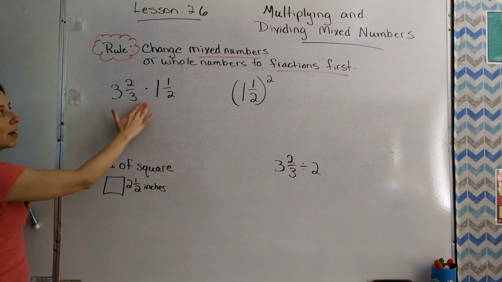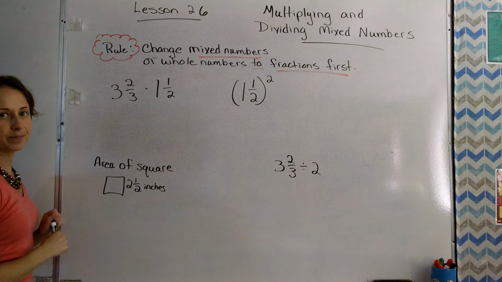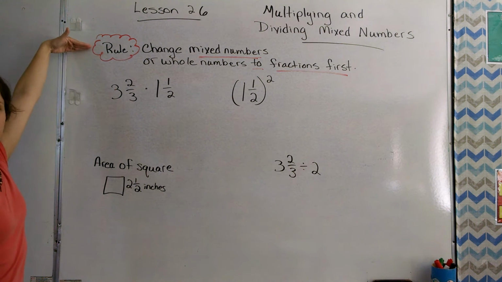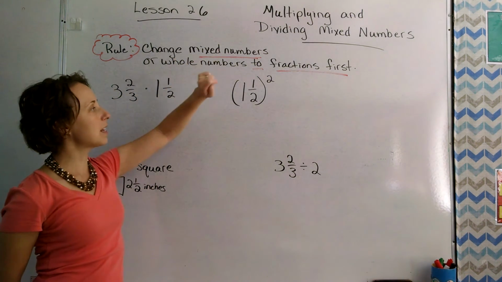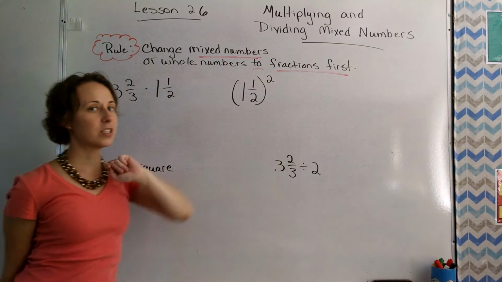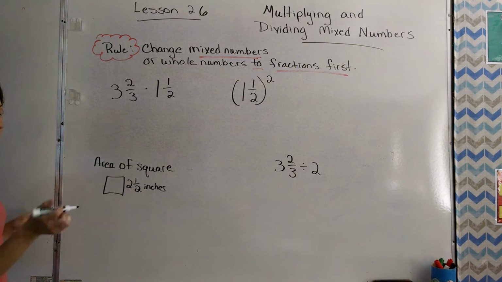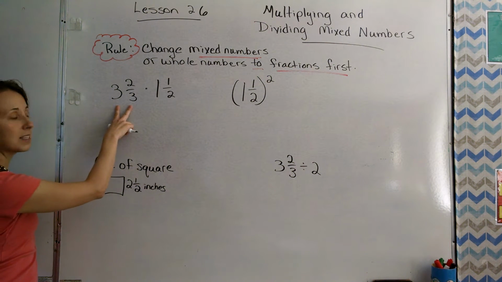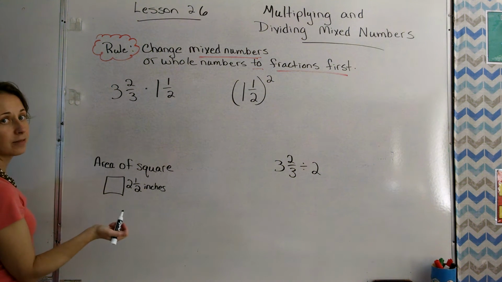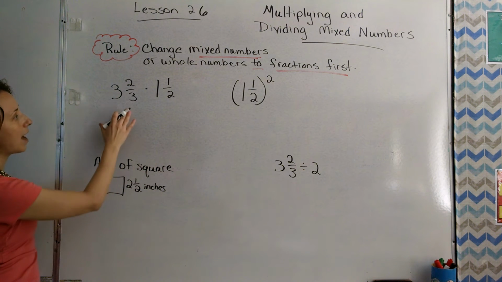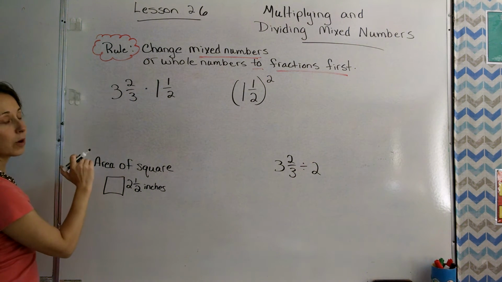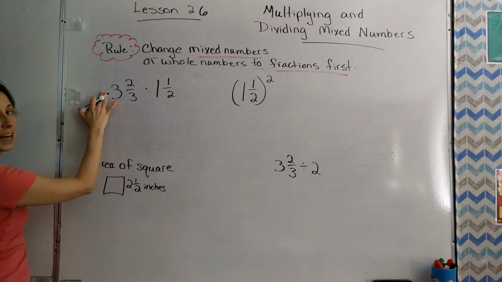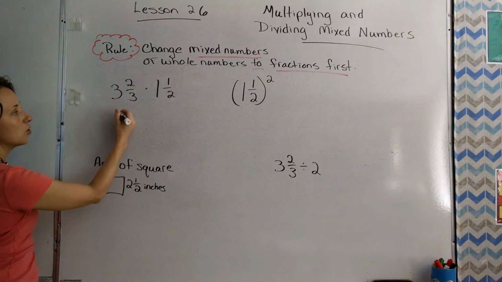3 2/3 times 1 1/2. First thing I need to do, since I'm working with fractions, is change any mixed numbers or whole numbers into fractions. So we're going to change this mixed number into an improper fraction. As you remember from class, you multiply times the whole number and then add on the numerator. 3 times 3 is 9, plus 2 is 11.